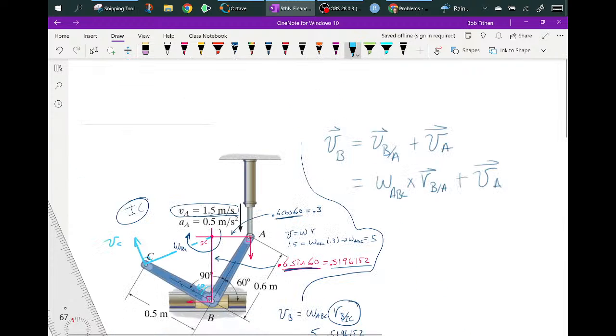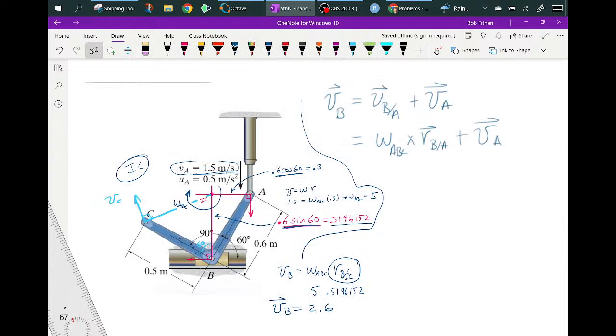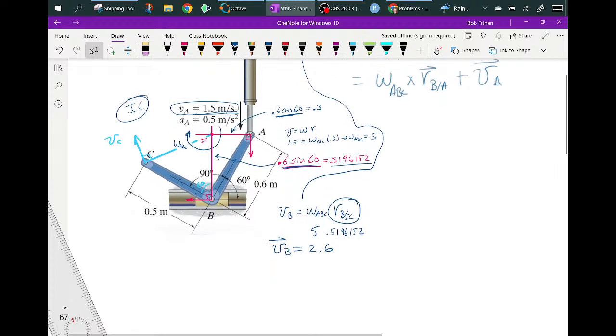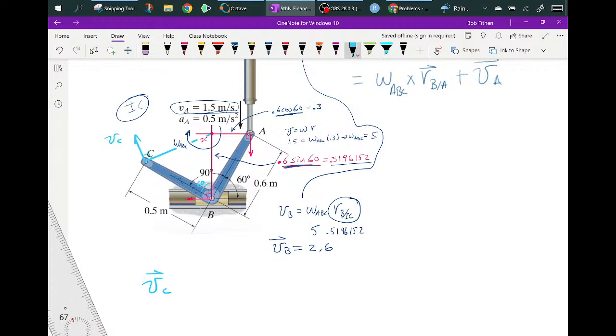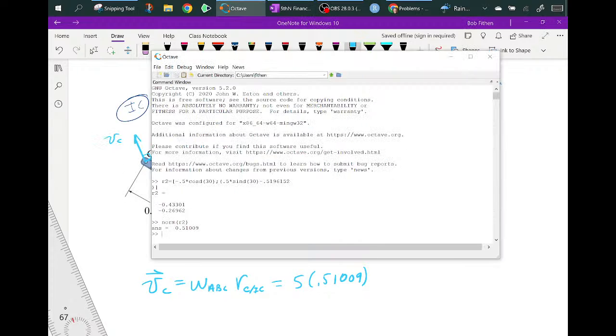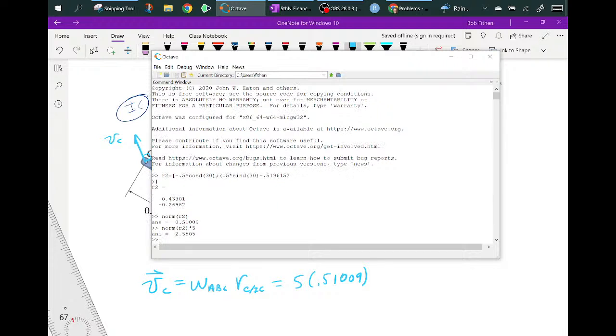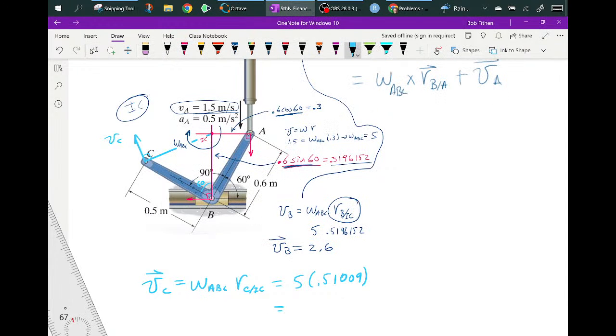So this means go back here and say velocity of C will equal omega ABC times the R to the C from the instant center. And that is going to be 5 times 0.51009. And that's going to be 2.55. That's going to be the velocity at C.